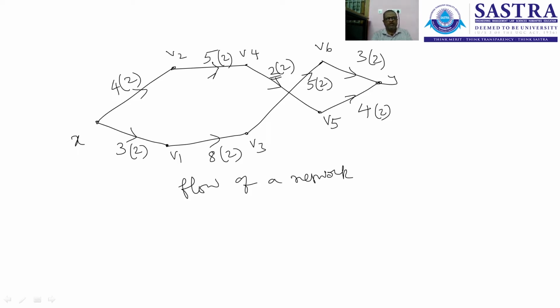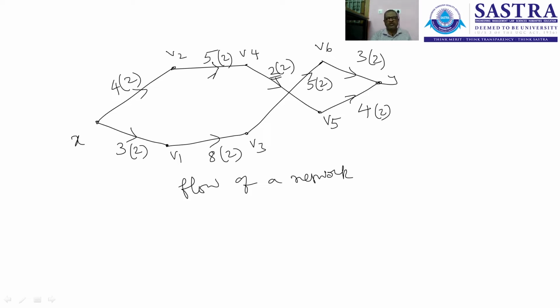Okay, so for our understanding, what I have done is I have taken a universal value 2, which means that the incoming value is 2, and similarly the outgoing value is also 2, so that I get a flow which is very smooth. And this flow I have designated because the minimum capacity among all the edges is 2.